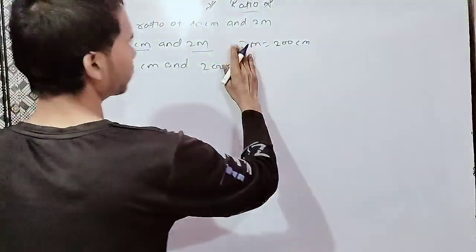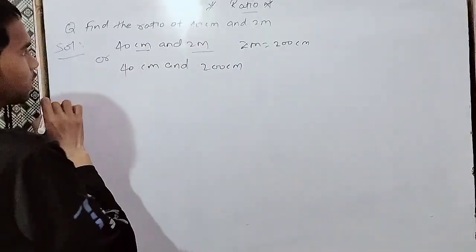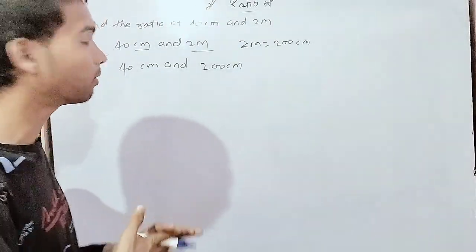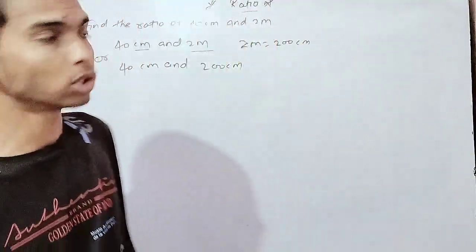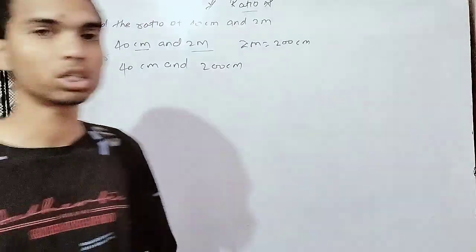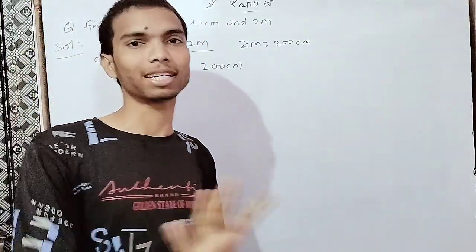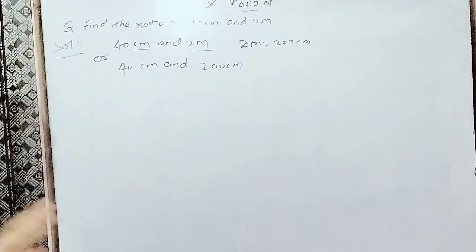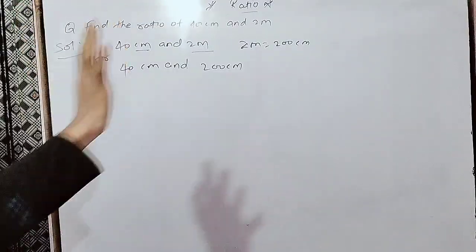Now you know it, okay? We didn't change our question. We didn't change our statement. You can see, without changing the statement, you can add whatever you want, but the statement should not be changed. Remember this point.